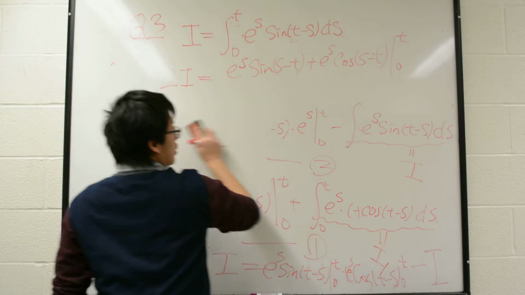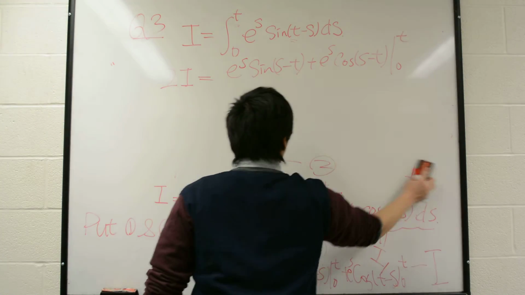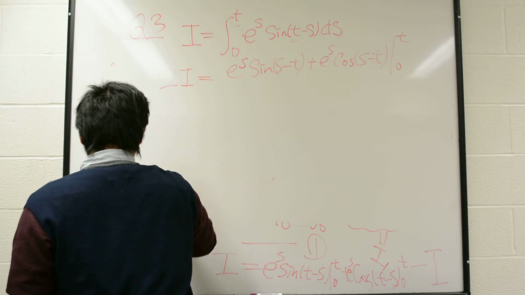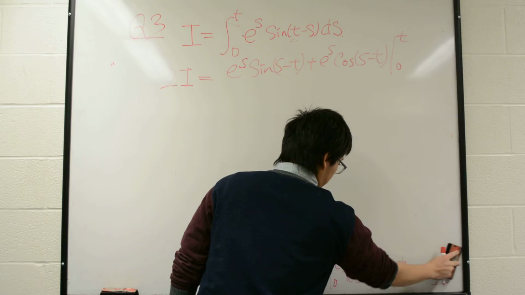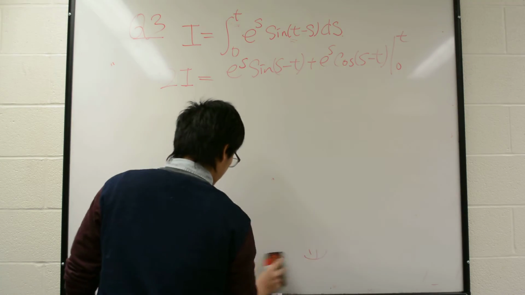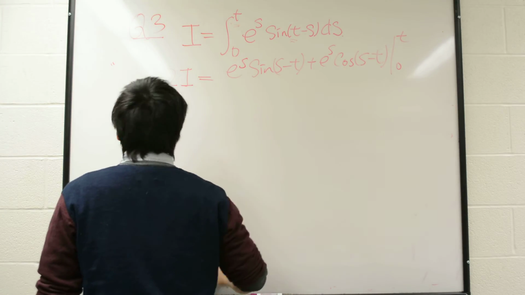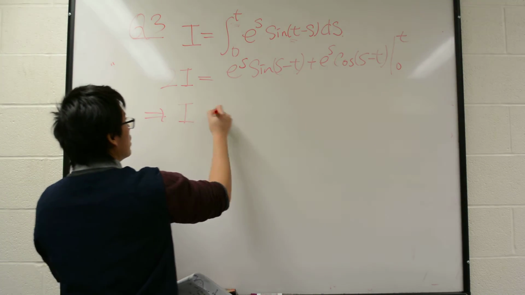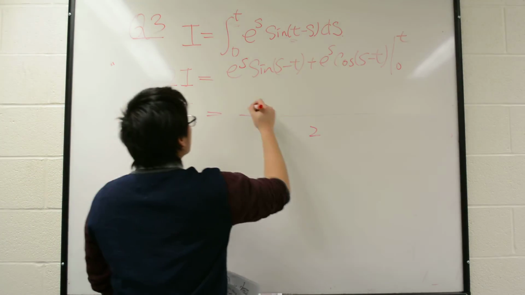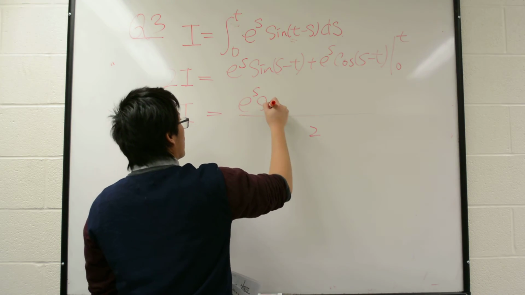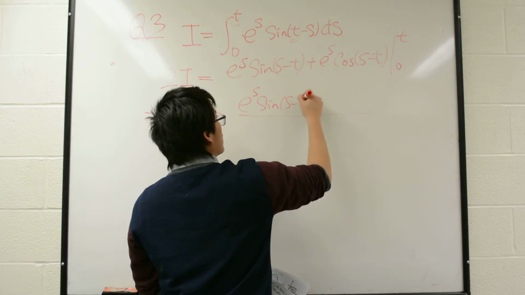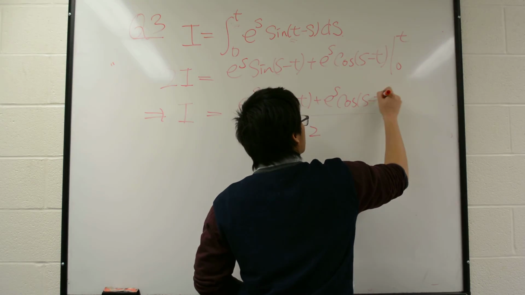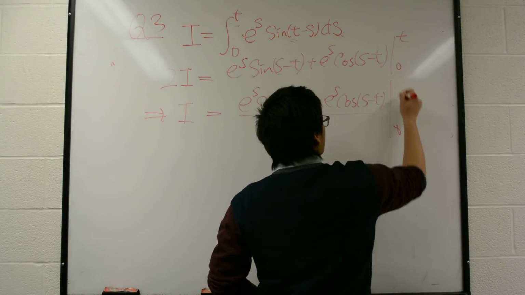So that means I is e to the s sine(s minus t) plus e to the s cosine(s minus t), from 0 to t.